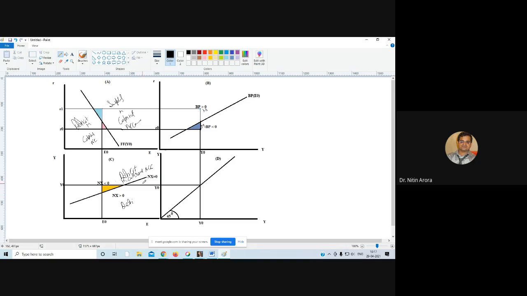NX is less than 0 to the left, and here below the NX curve we have surplus in current account, right? This is deficit in balance of payments. Here we have surplus in balance of payments. Right? If you have any problem, we may discuss.